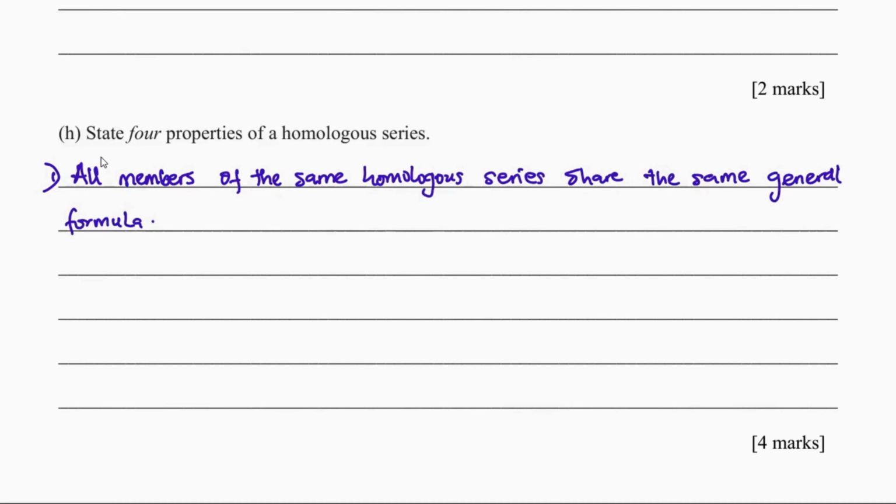Okay, so for example, alkanes are CnH2n+2, alkenes CnH2n. So that means every member of the alkane family will use that formula to get their own molecular formula.